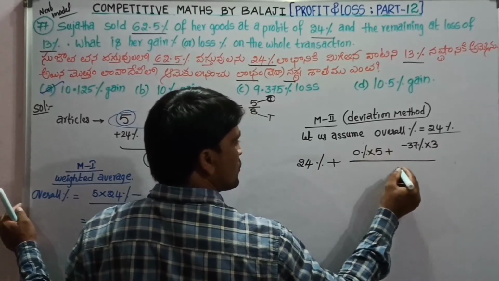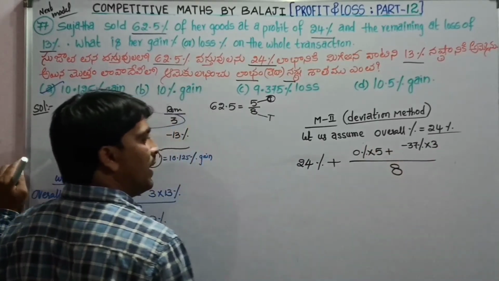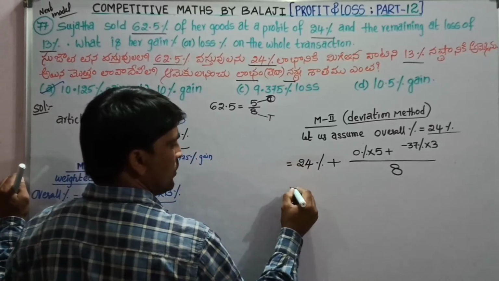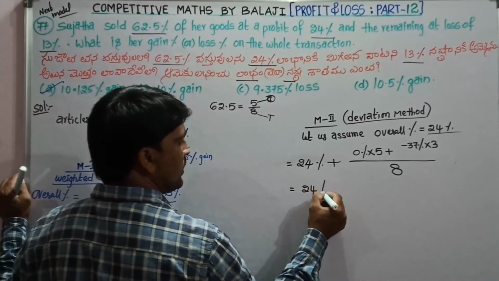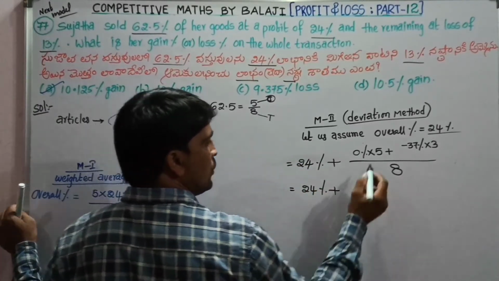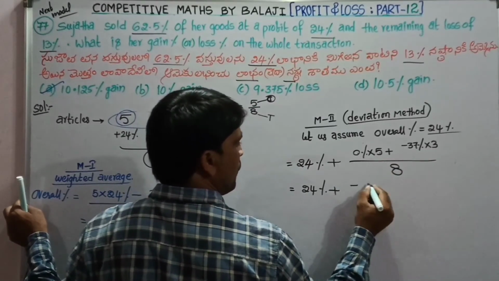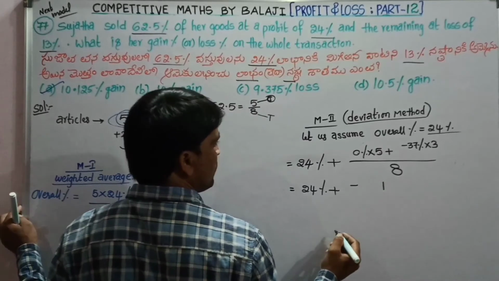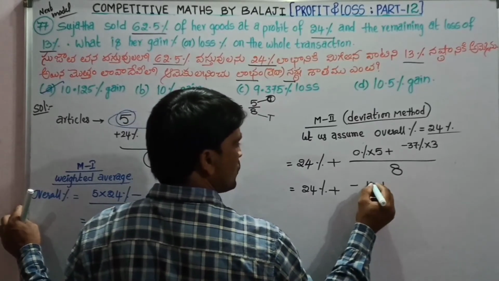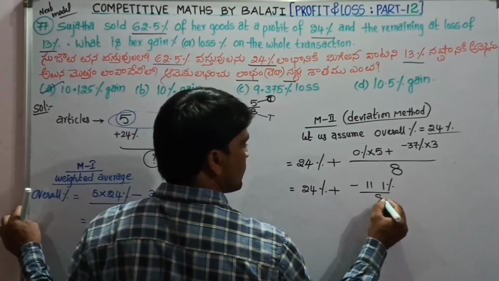These deviations must be divided by the total 8 articles. Yes, 24% plus 0 into something, 0, minus 37 3s are minus 3 7s are 21, 3 3s are 9, 111% over 8.